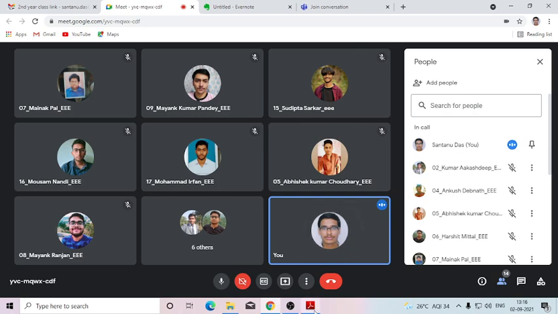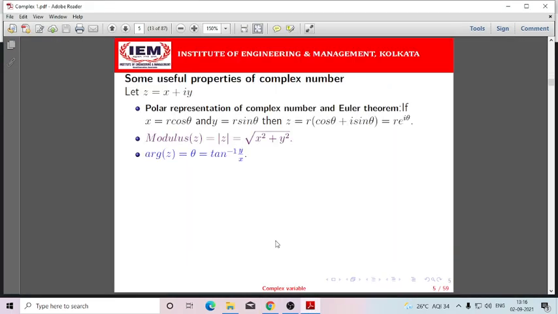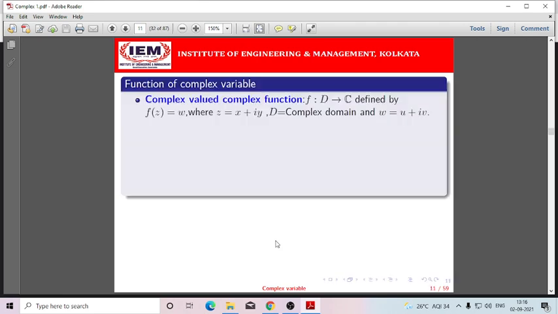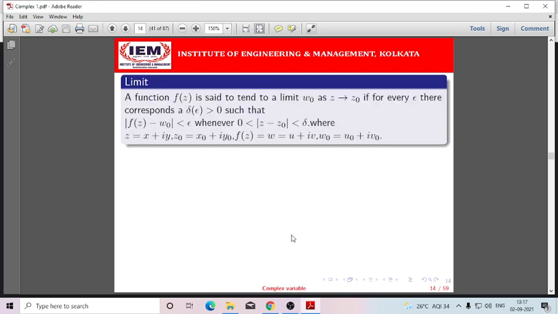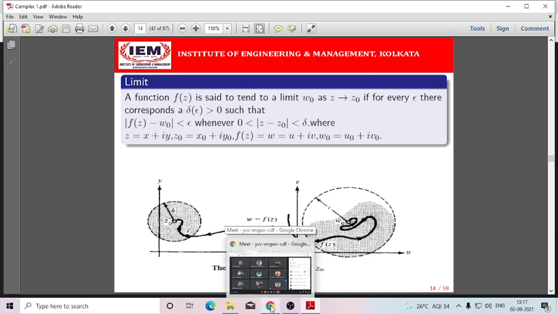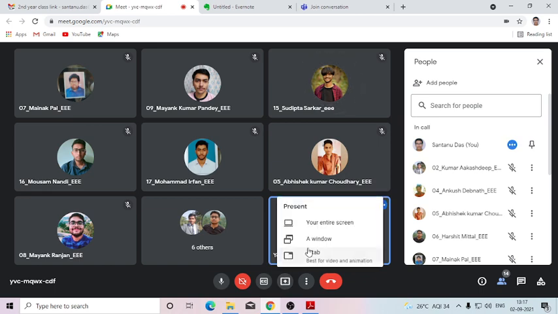Before I start sharing, I discussed the epsilon delta definition of limit in the last class. Can you remember what the epsilon delta definition of limit is? Have you forgotten, or can you remember this? Sorry, I can't hear you.